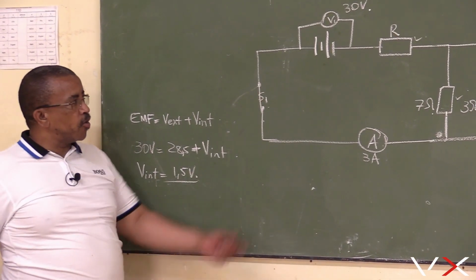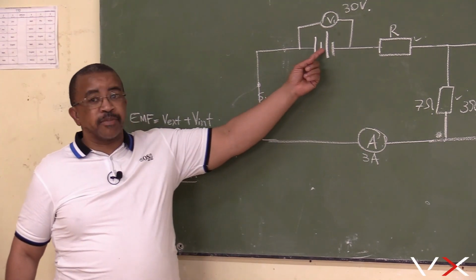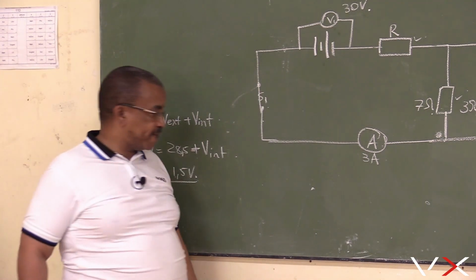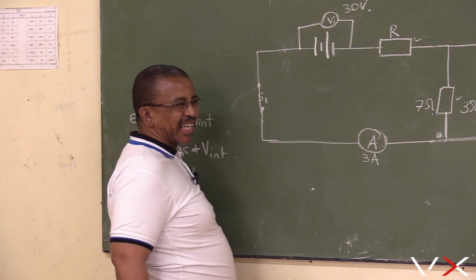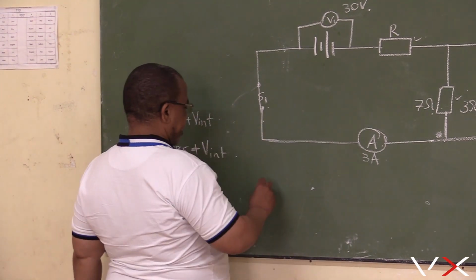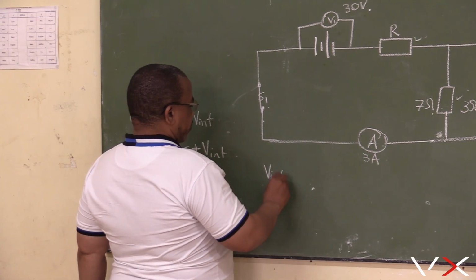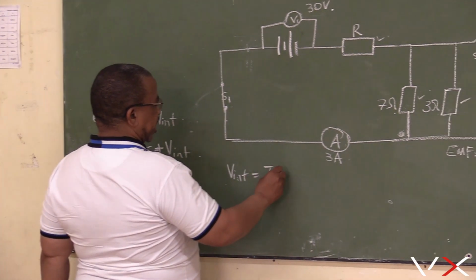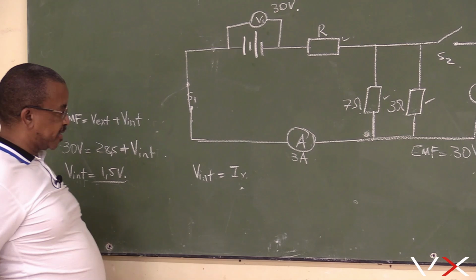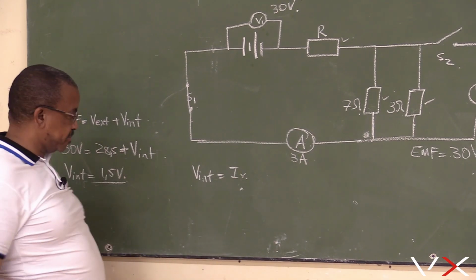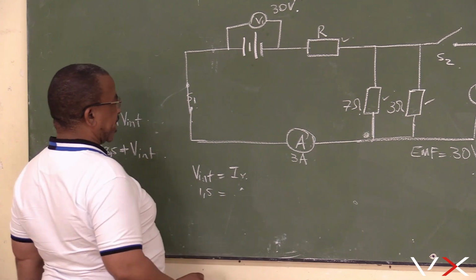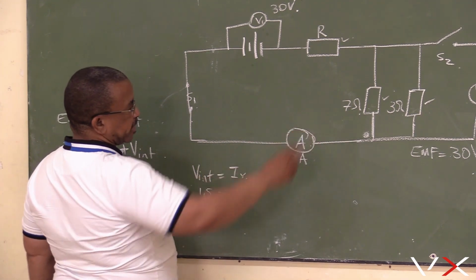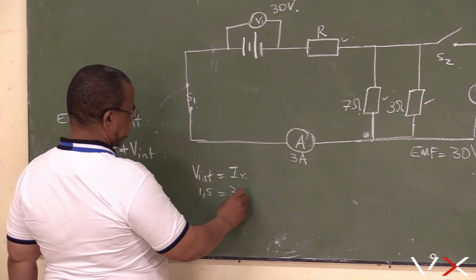Now, since we told you like potential, the energy is inside the cell. The energy changes is the current inside the cell. So, V internal is I times R internal. Sifuna R internal. V internal is 1.5. The current ingakanani na, but the ammeter reads 3 amps.